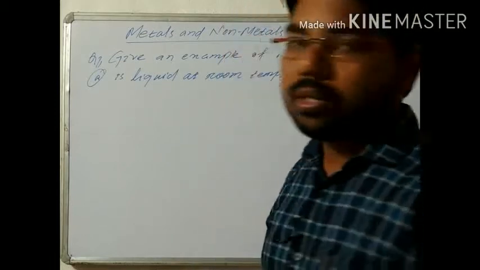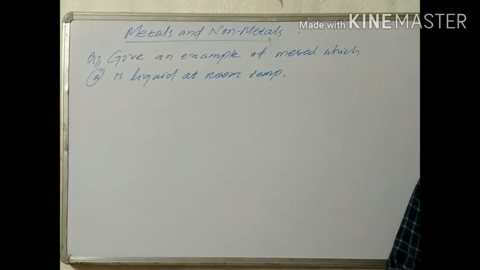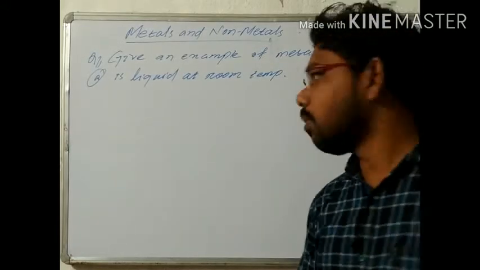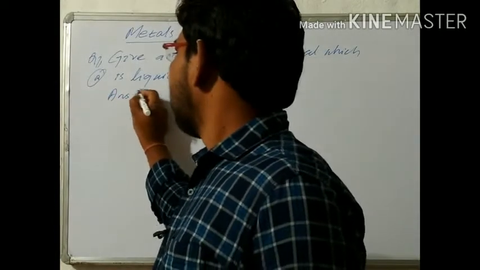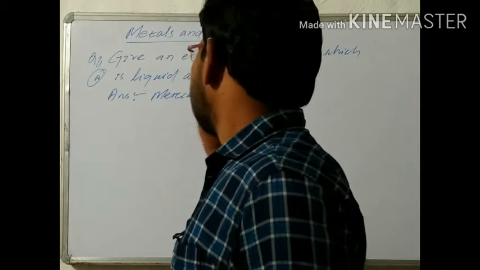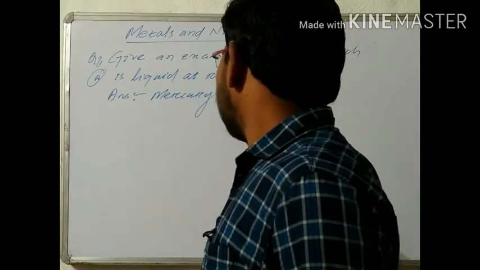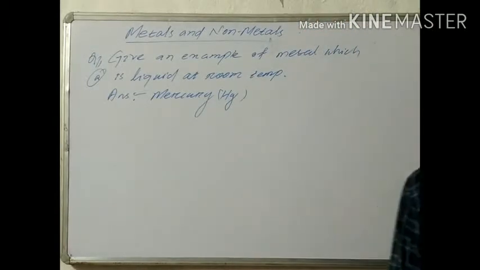It is a short type question. Which metal is found in liquid state at room temperature? This is a most important question, and the answer is mercury. The symbol is Hg. Mercury is the only metal which is found in liquid state.